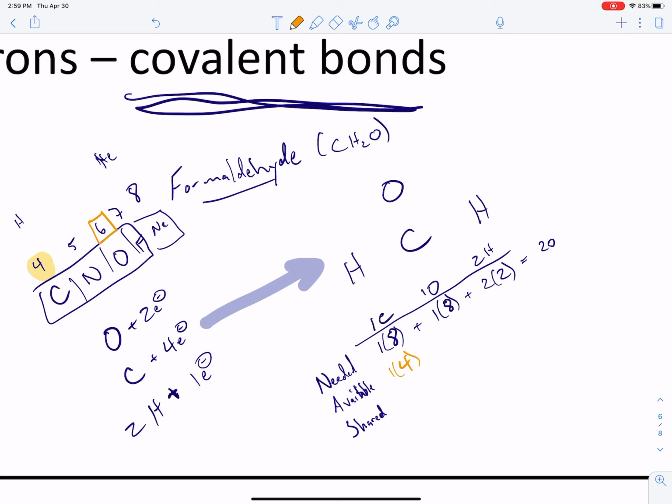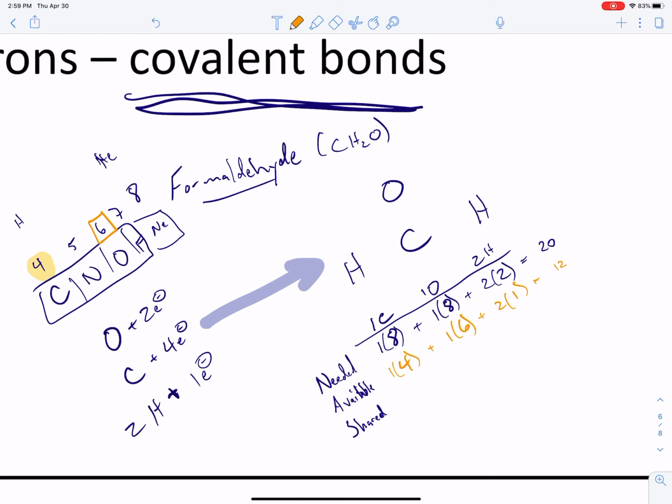It's in group 6, so it has 6 electrons available, and there's one of them. Hydrogen is in group 1, so it only has 1 electron available, but there's 2 of them, okay? So 4 plus 6 is 10, plus 2 is 12. Did I do that right? Yep. So I have 20 and I've got 12.